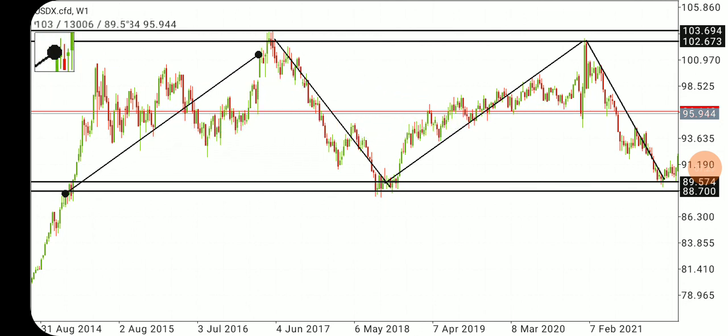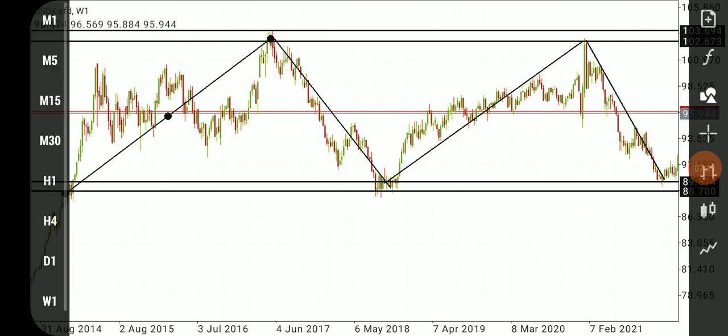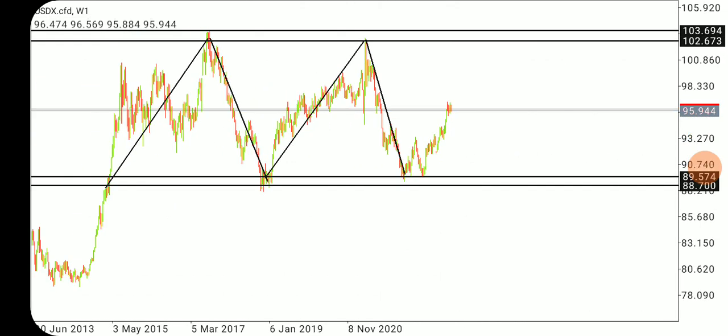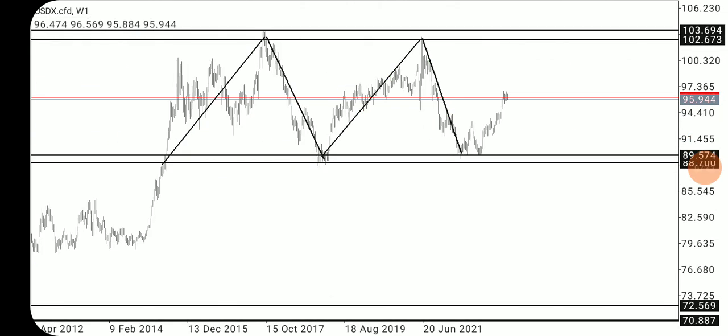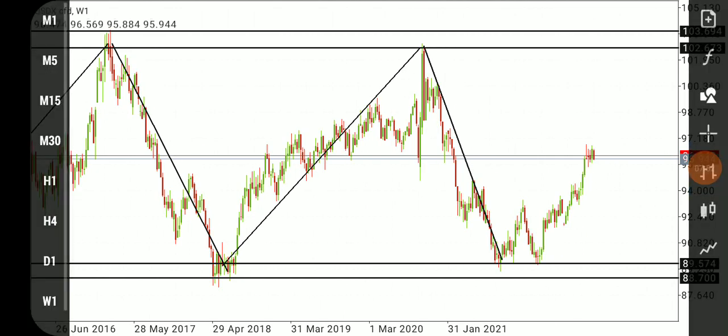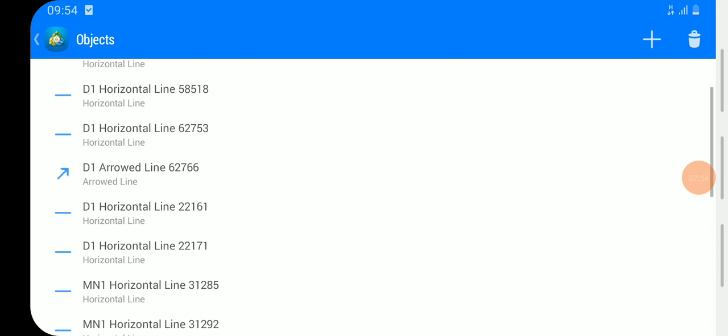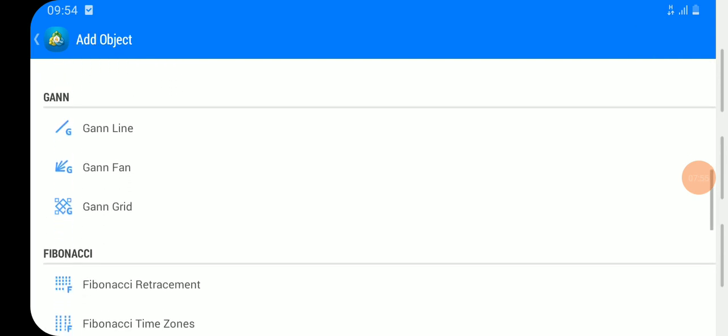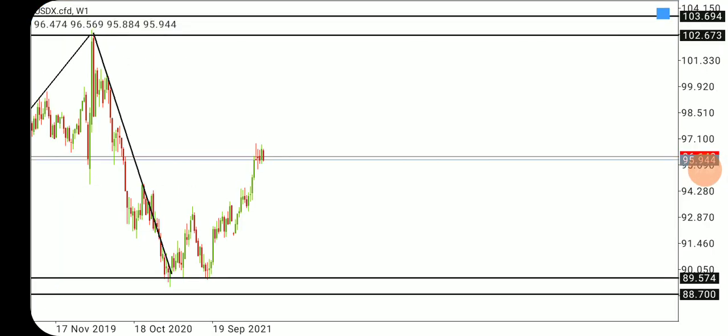It came down, bounced back, came down again, and then it made a double bottom right here. Let me indicate that with the rectangle. It made a double bottom right here.